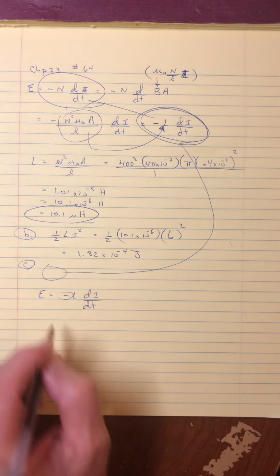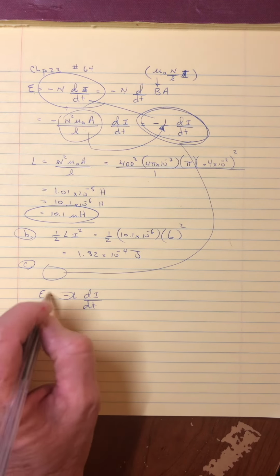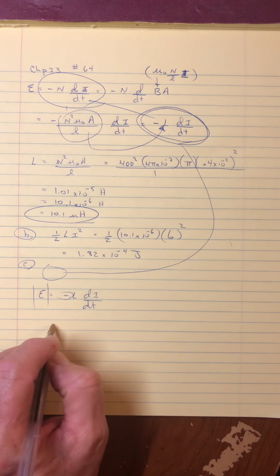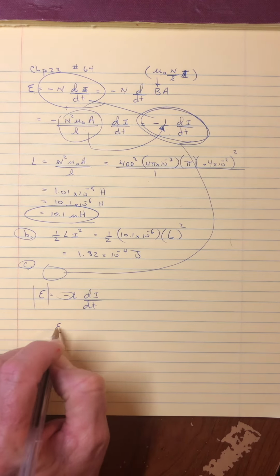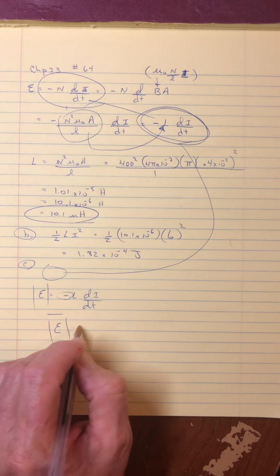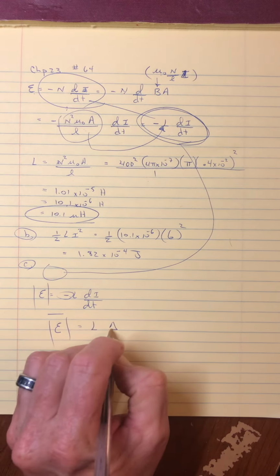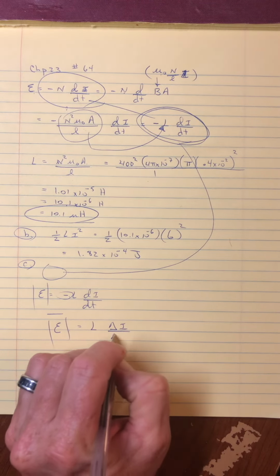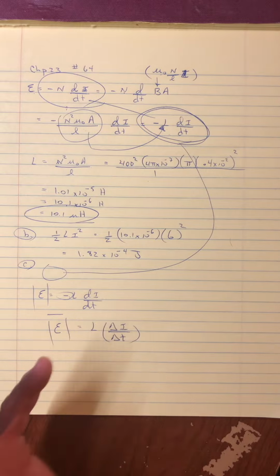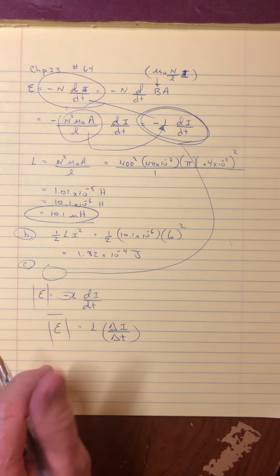And if you don't pay attention to the negative, so you just kind of do the absolute value, and then you change it to an average, you can say the EMF absolute value on average is equal to L times how the current changes over a period of time. So it's not a derivative, but it's some kind of variation in the current over time.